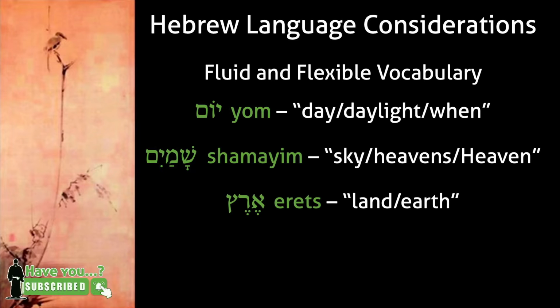And the same for the word land, eretz, or when it's definite, haaretz, the land, or it can mean earth. It's the solid ground as opposed to the sky or the sea. So the realms of creation, you've got the underworld, then you have the sea, and then you have the land, and then you have the heavens. And these are broad categories and broad concepts.